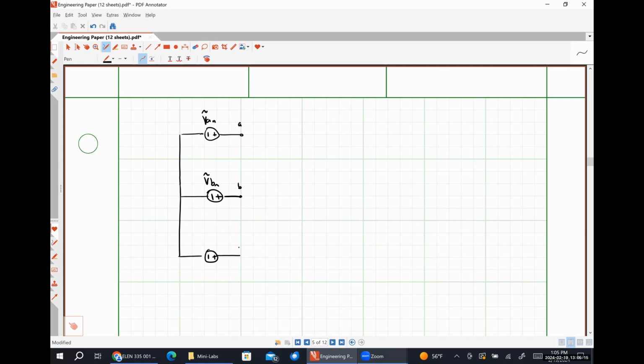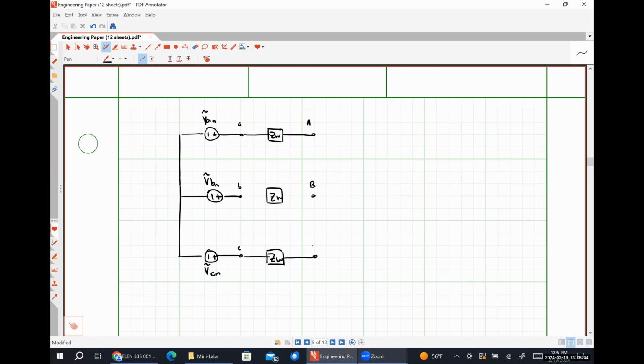A, B, C. I have my transmission line impedances, ZW, ZW, and ZW.